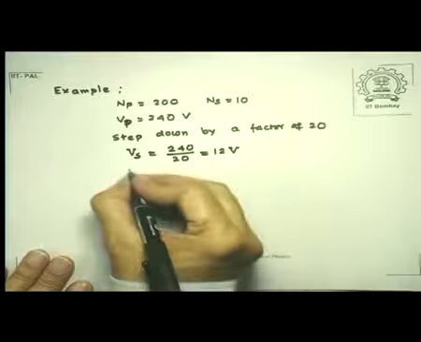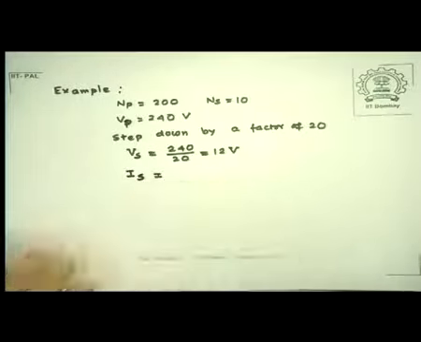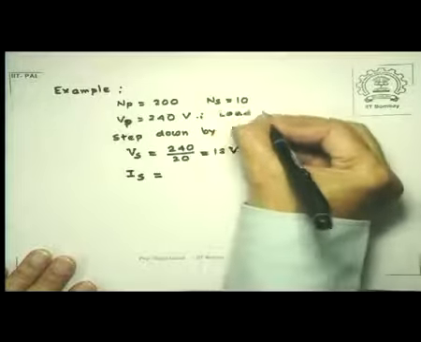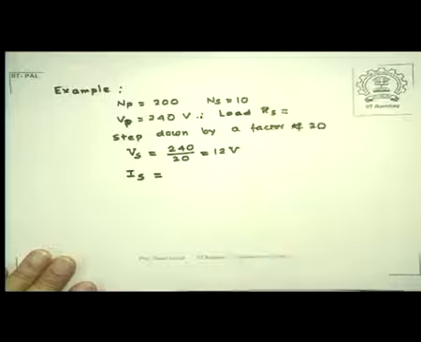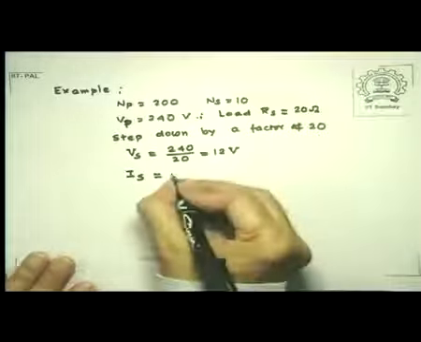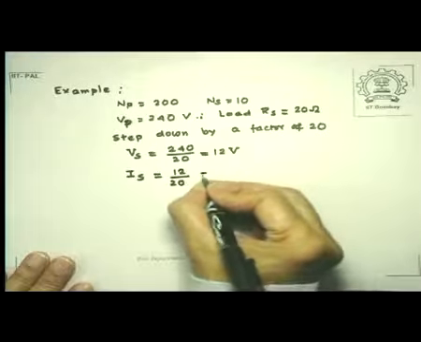The current in the secondary can be obtained if I knew what is the secondary load. So load Rs, let me take it to be 20 ohms. So that should be simply 12 divided by 20, and that's equal to 0.6 amperes.